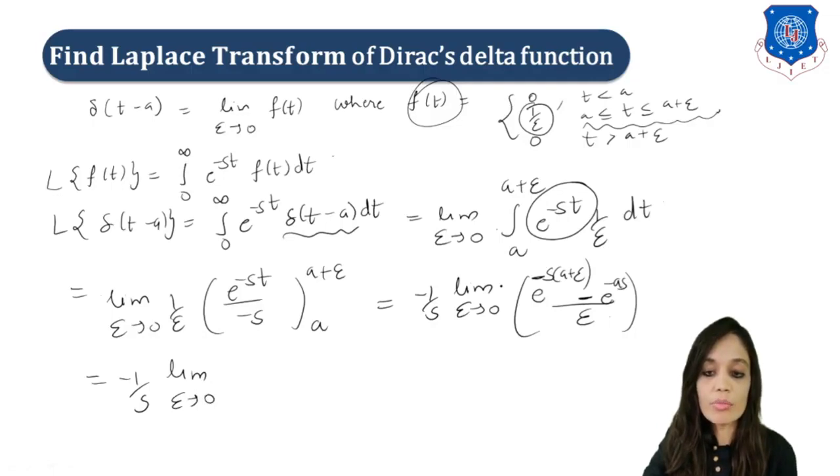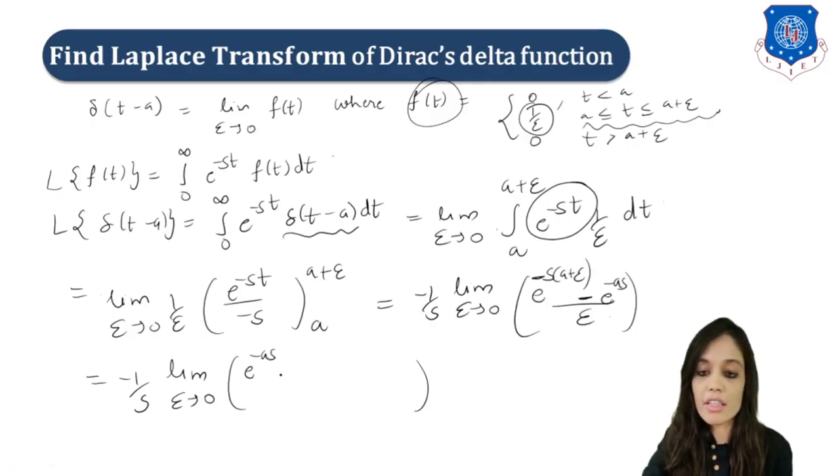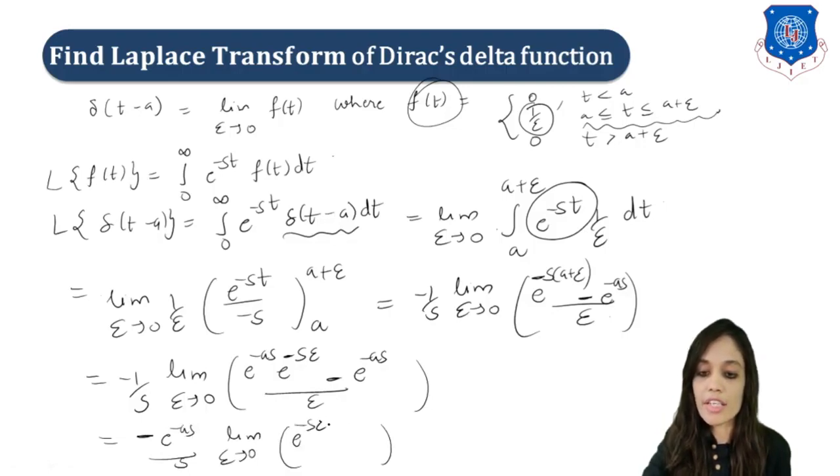You can see from simplification we will have e raised to minus as into e raised to minus s epsilon minus e raised to minus as, upon epsilon. Now we can take out this e raised to minus as outside. So minus e raised to minus as upon s, limit epsilon tends to 0. What will remain? e raised to minus s epsilon minus 1 upon epsilon.